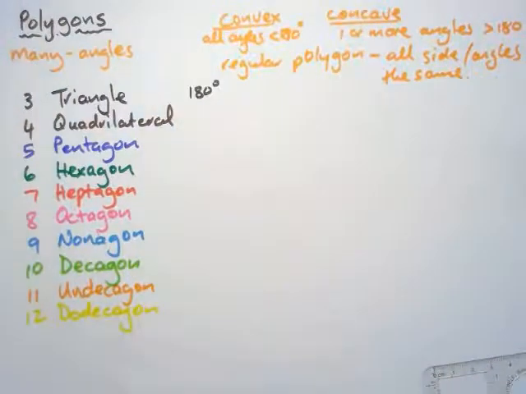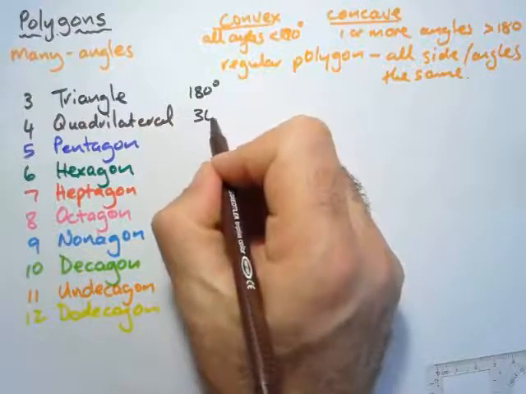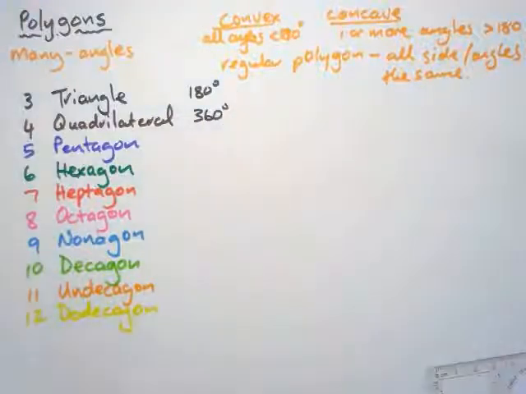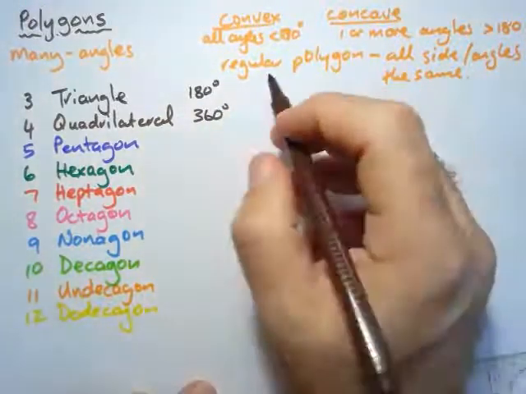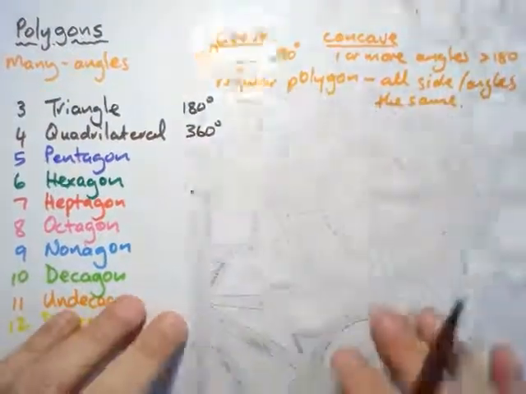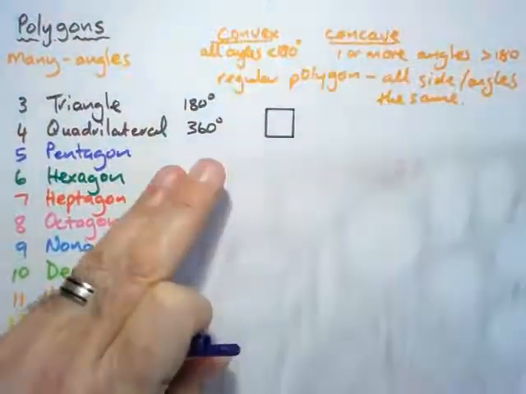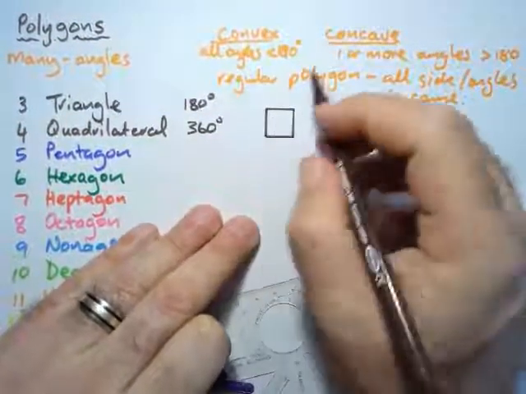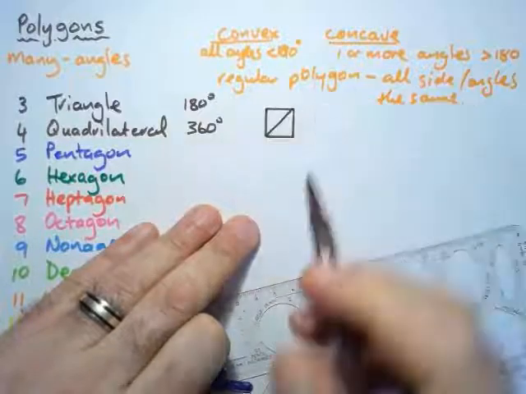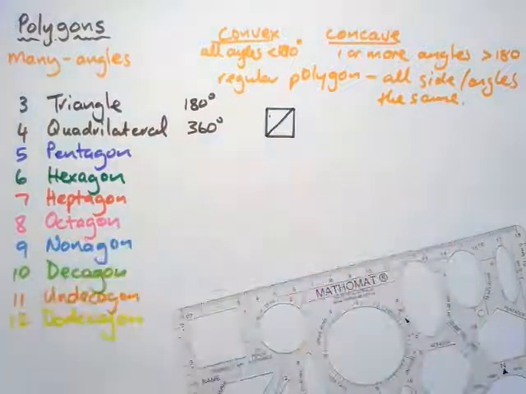Then with a quadrilateral, we saw that the total angle was 360 degrees. We took a small quadrilateral and we said we can divide that up into 2 triangles, so it's 180 plus 180.